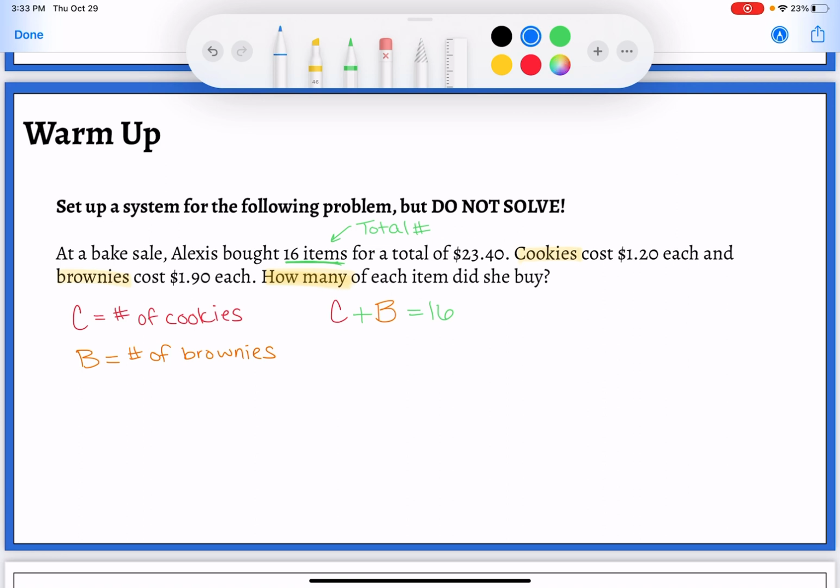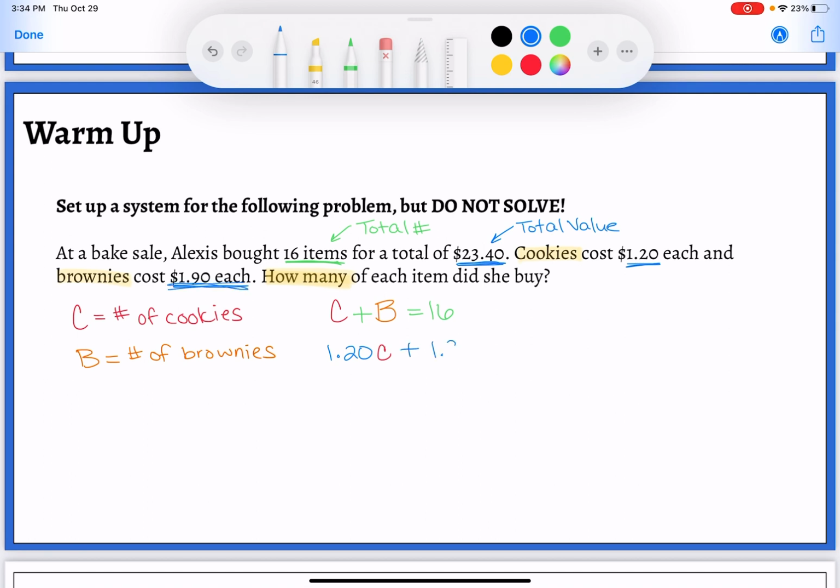Then after that, it says for a total of $23.40. So this is the total value, right? Or the total cost, or however you want to think about that. So this time I have to get the dollars involved. So it says that cookies cost $1.20 each. So I'll have $1.20 times the number of cookies, plus brownies cost $1.90 each.